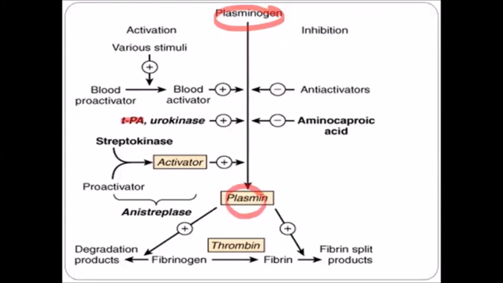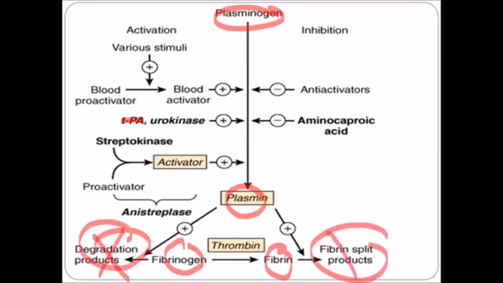Formation of plasmin would facilitate degradation of both fibrinogen and fibrin. Once these were broken, pag nasira na sila ni plasmin, that can cause bleeding already. So pag nagkaroon ng bleeding, ibig sabihin, pwede ma-counteract ang mga thrombotic events.